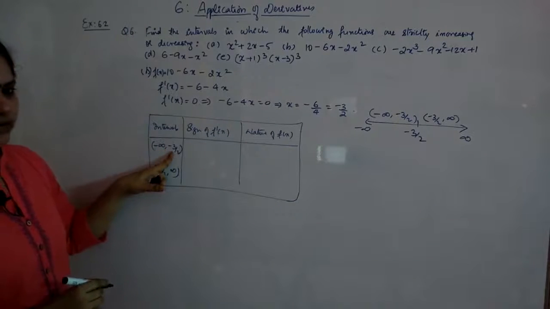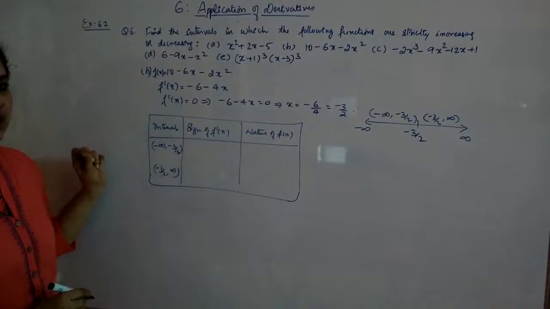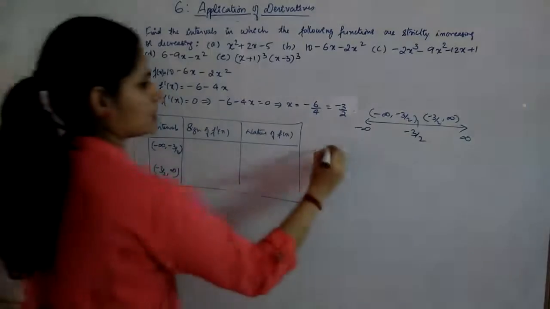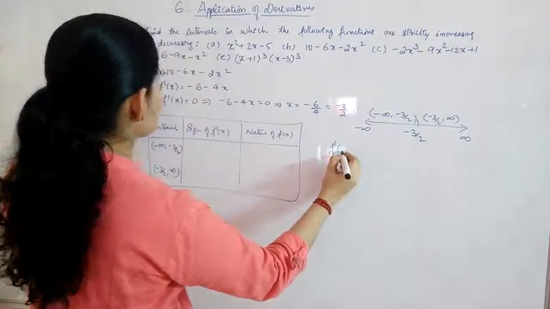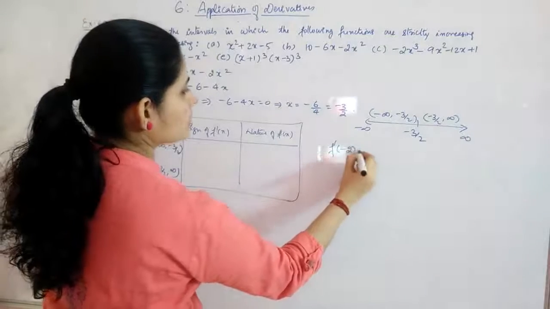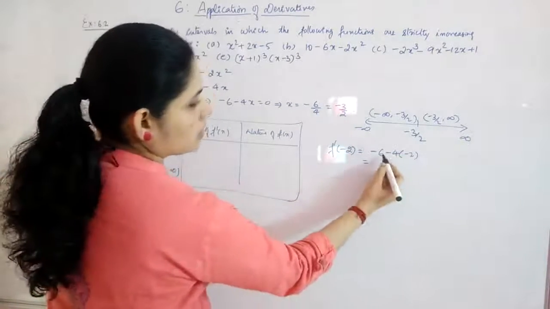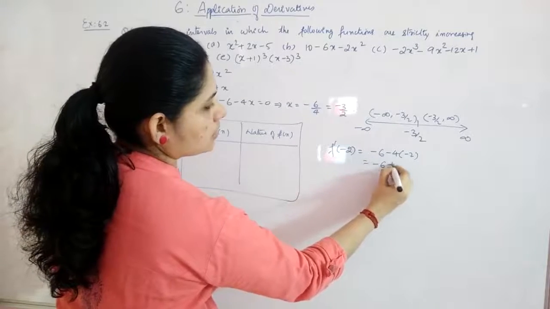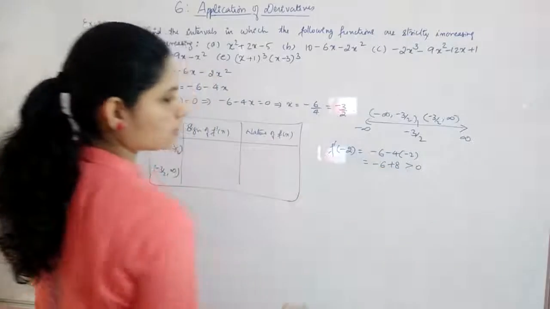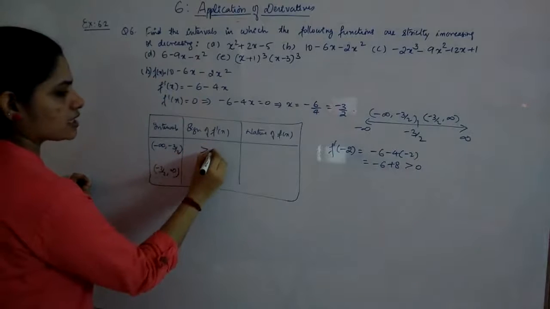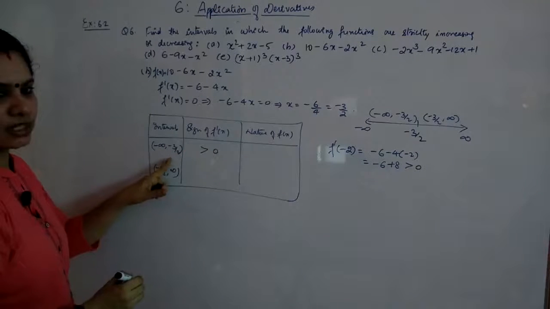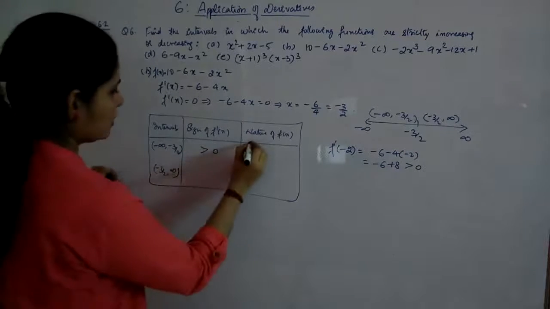This is minus 1.5, so we can check at minus 2. The value of f dash of x at minus 2 will give you minus 6 minus 4 into minus 2, that is minus 6 plus 8, greater than 0. So you can say that f dash is greater than 0 at any point in this interval.